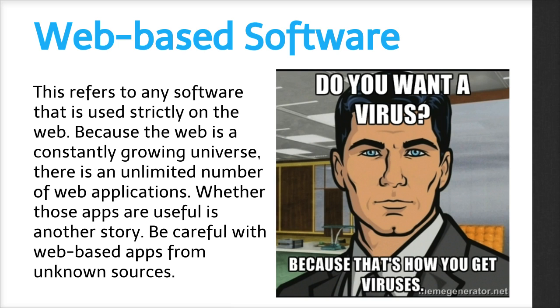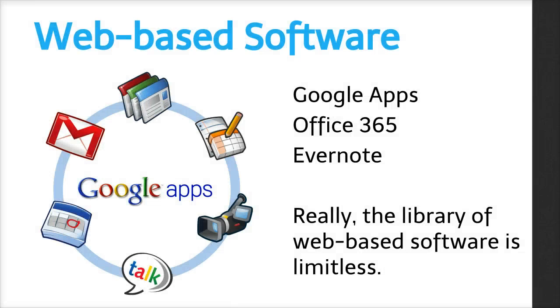Make sure also that you know exactly who you're using the web app from. There are a lot of nefarious people on the interwebs, and some of those lesser known sources could be planting viruses or malware on your computer. Some of our favorite web apps include Google Apps, Evernote, and Office 365, the Microsoft subscription service that we had mentioned earlier.